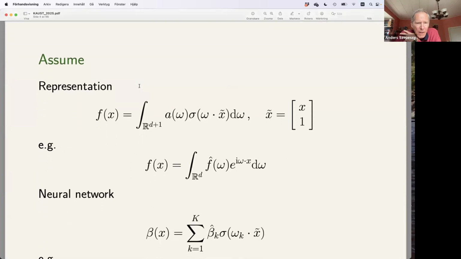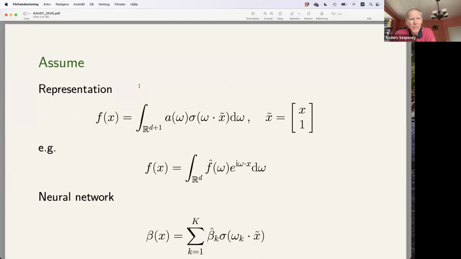And then theoretically, what do we want to have? We want to have a representation that we can represent the function like this, for instance, with a Fourier transform, so that the function f can be represented with its Fourier transform.